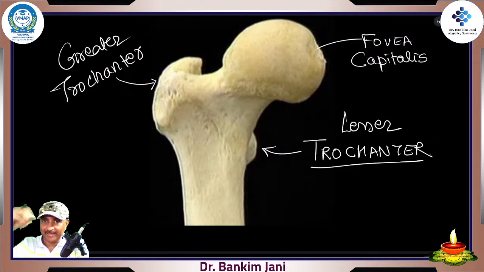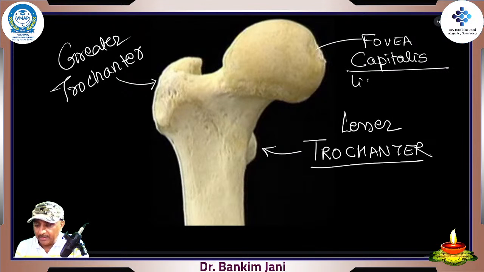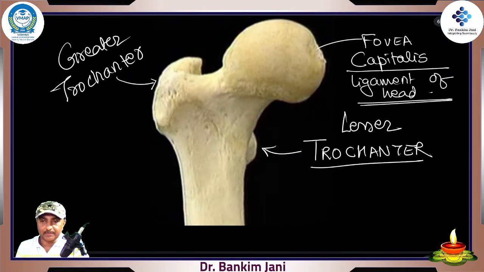Exactly on the head, this will have the ligament of the head. This is the ligament of the head, because almost this much of the head will be covered within the acetabular cavity, and that's where this ligament would be formed.